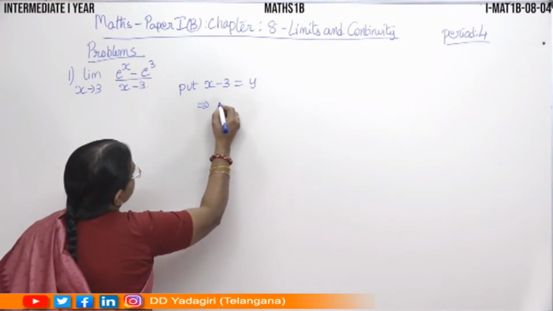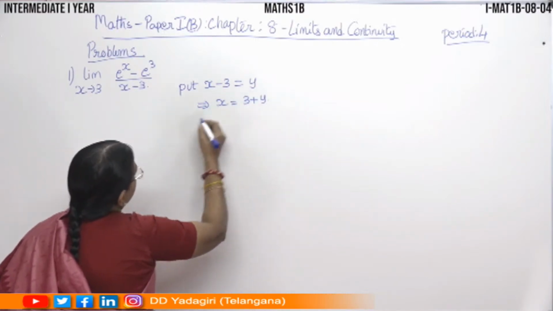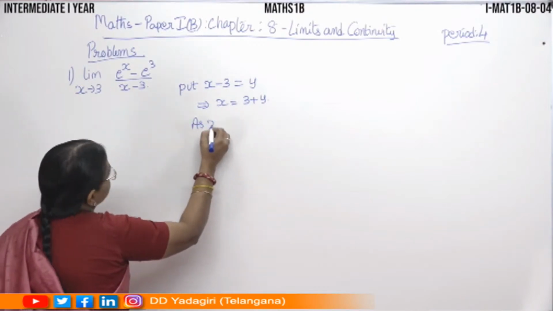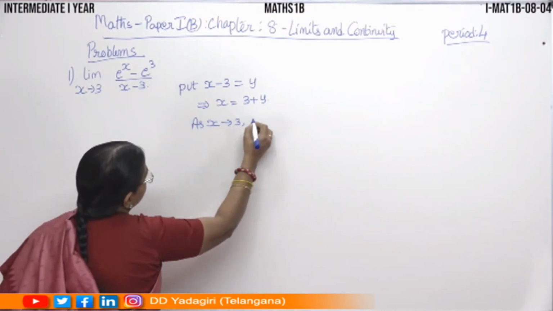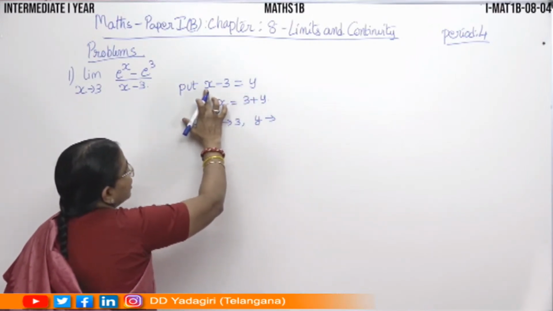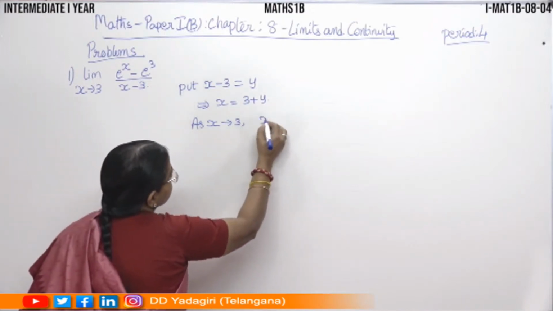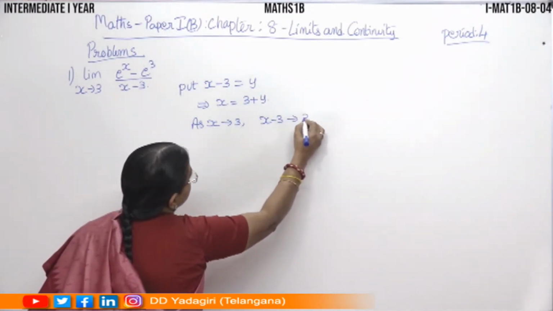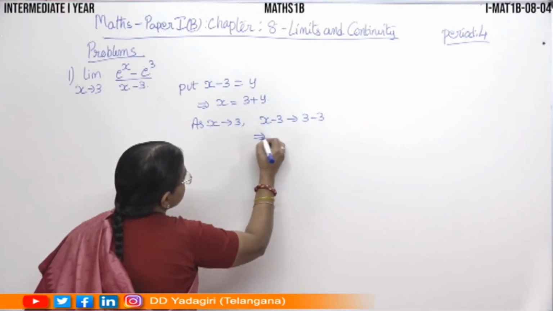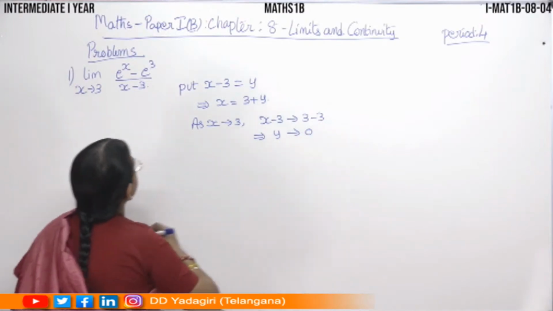So this implies x is equal to 3 plus y. Now as x tends to 3, x minus 3 tends to 3 minus 3. So that means x minus 3, which is nothing but y, tends to 0.